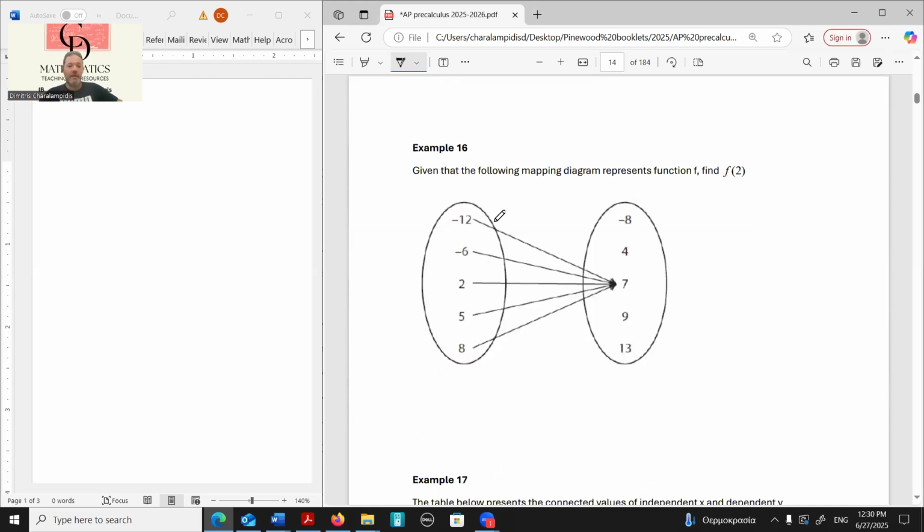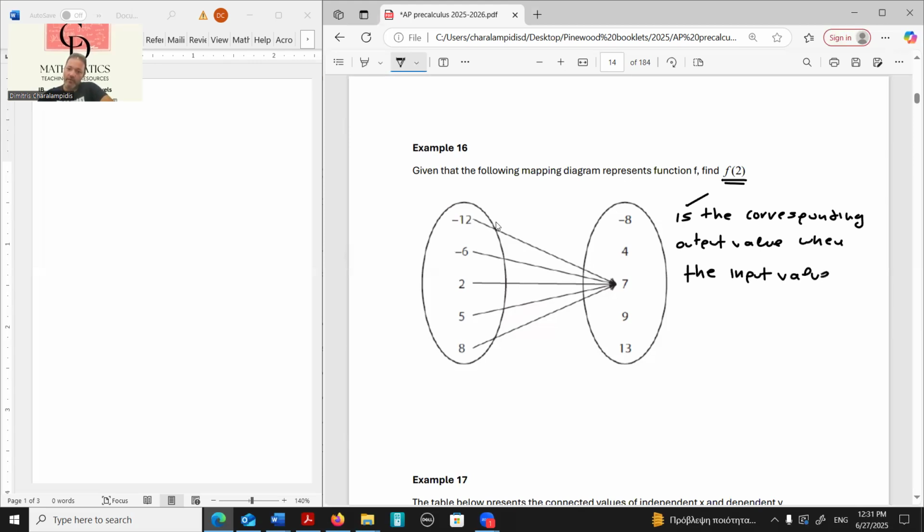Example number 16. Given that the following mapping diagram represents function f, find f of 2. We said that f of 2 means the corresponding output value when the input value is 2.